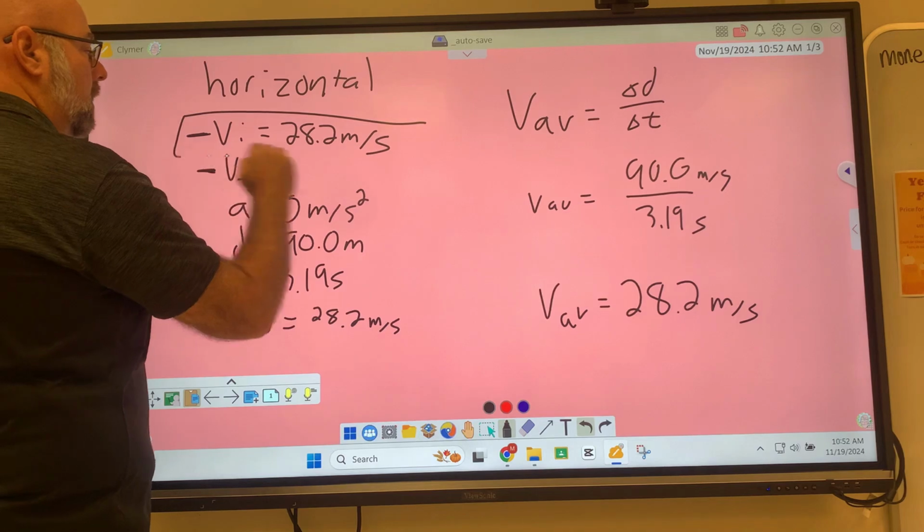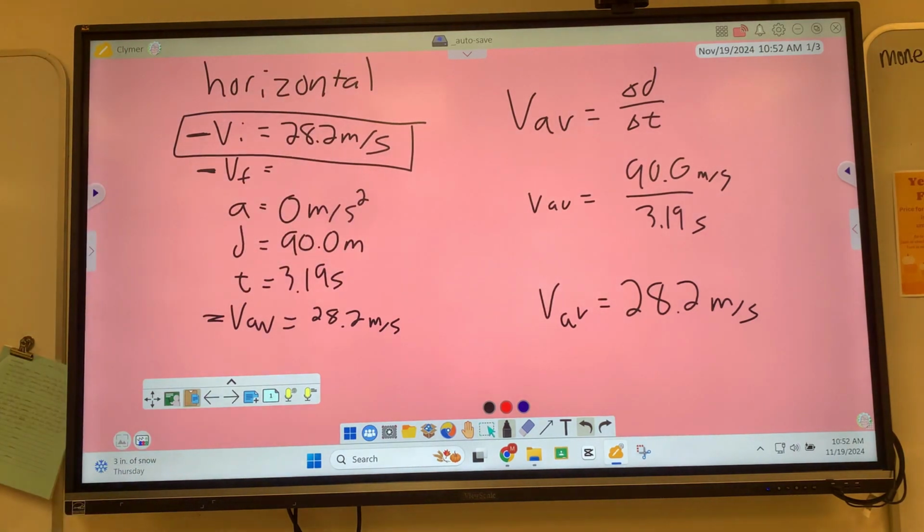This is the speed we'd have to drive off the cliff at in order to land exactly 90.0 meters later. Assuming no wind resistance, assuming you drive straight off, the cliff is flat, the ground is flat. Again, we're making some assumptions here, but ultimately, this is the journey for projectile motion.